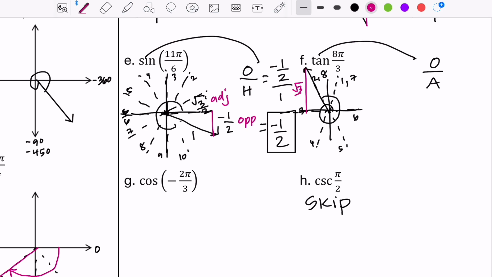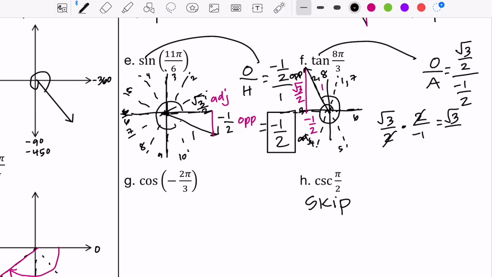This is root 3 over 2. This is -1/2, this is 1, this is opposite, and this is adjacent. So we're going to have root 3 over 2 over -1/2. So we have to keep change flip. And that gives us root 3 over -1, which is just root 3.